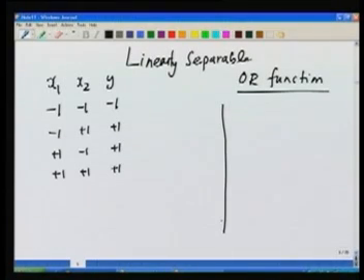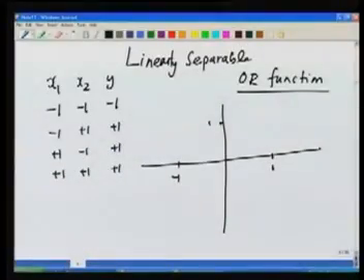Now, let us look at a graphical map of this function. Here is -1, this is 1, and so on.